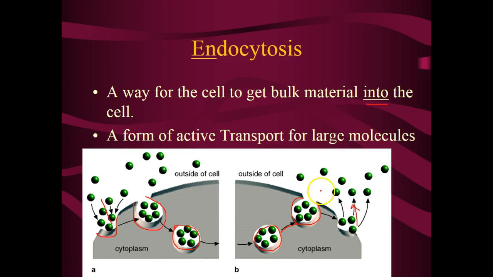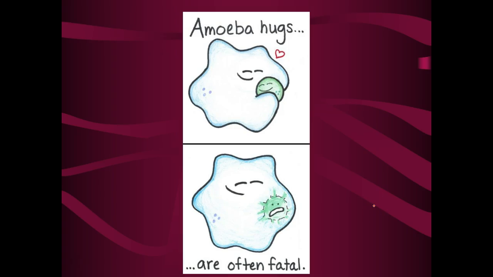But endocytosis, exocytosis. Amoeba hugs are often fatal. His little buddy here would be ingested by an endocytosis event. If you ever found yourself friending an amoeba, you can still be friends, but keep your distance, because if these friends were ingested accidentally even by Mr. Amoeba here, who is completely oblivious to everything around him, your vesicle, which you would be in if you were taken in, would eventually bond with a lysosome.